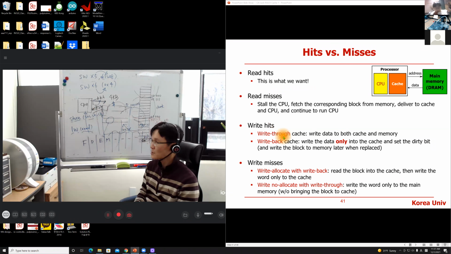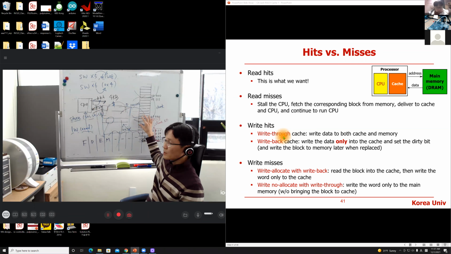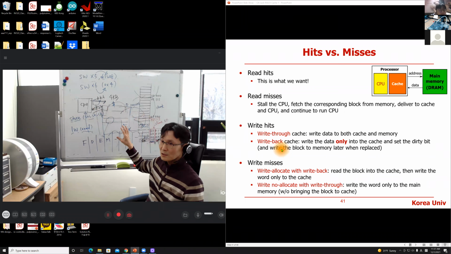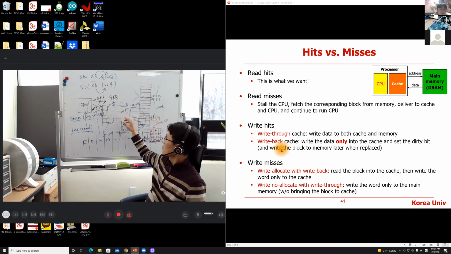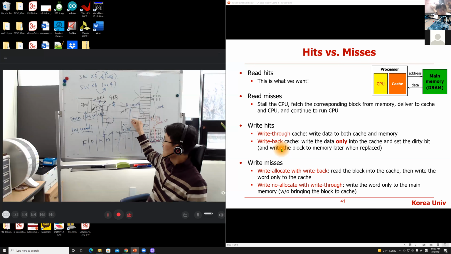Write-through policy updates both cache and main memory. In case of write-back policy, update only the cache. Main memory will be updated later on by hardware. You don't have to worry about the dirty bit being set.